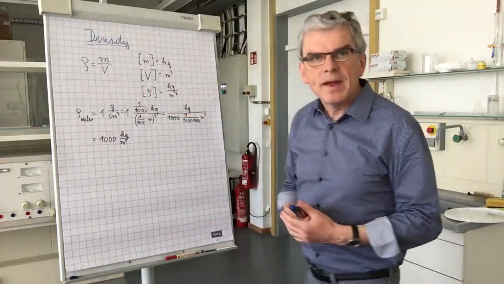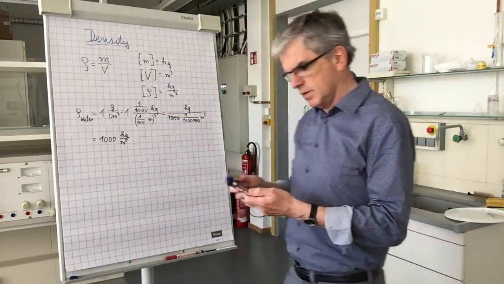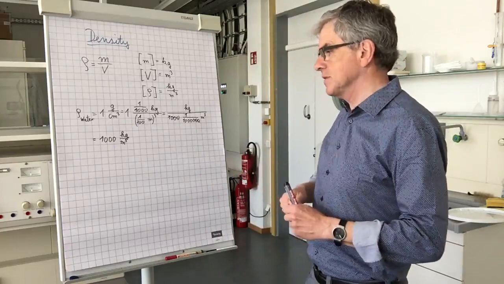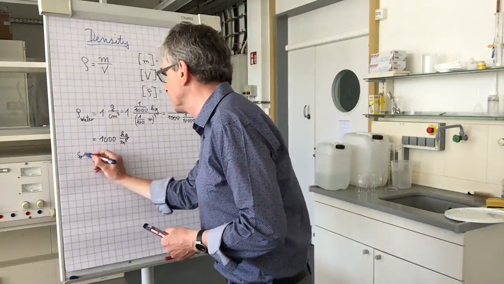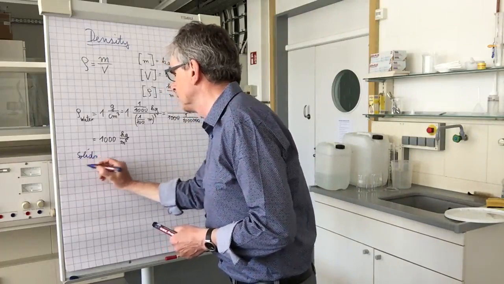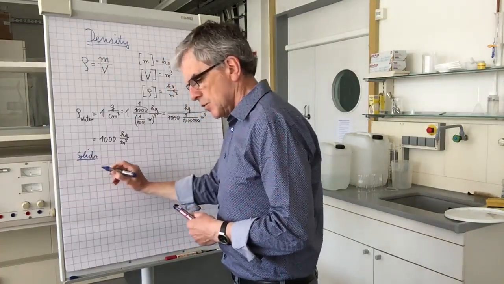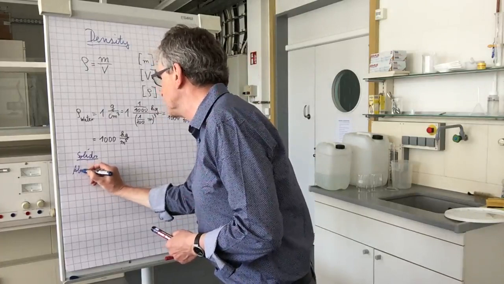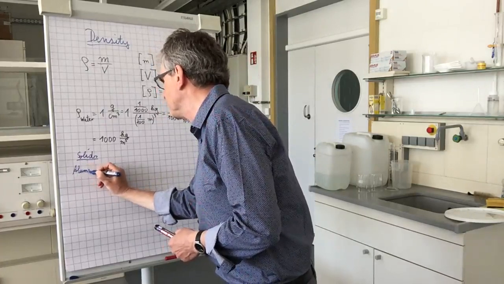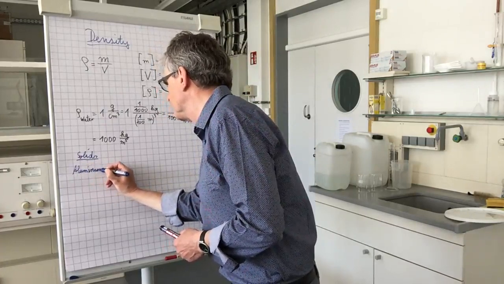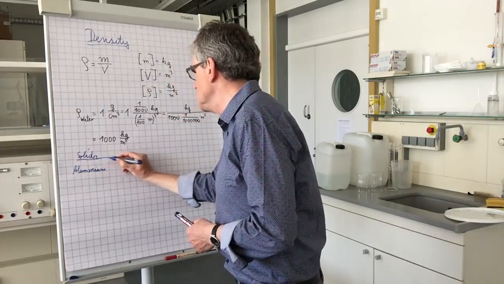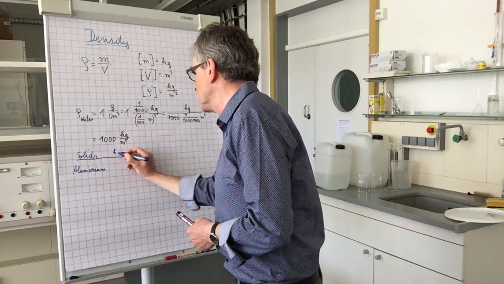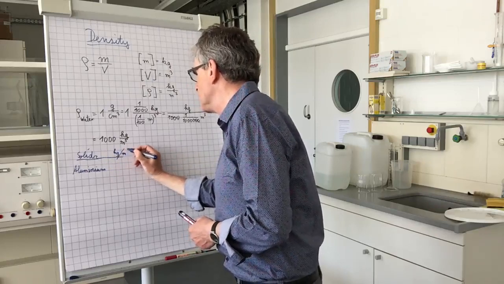We can also compare the density to other densities of other substances, for example, for solids. We have aluminium, and that is here also the density in kilograms per cubic meter.